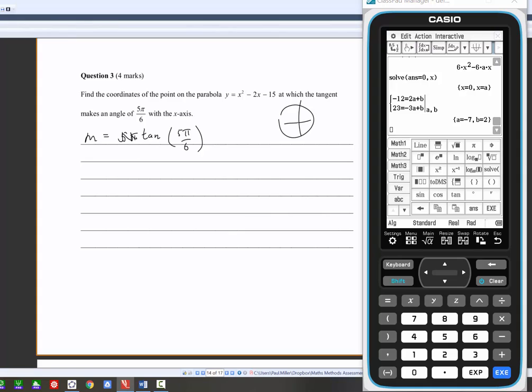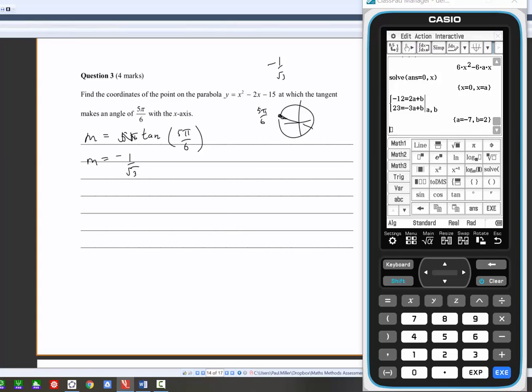So back onto the unit circle, there's 5 pi on 6. Tangent is going to be negative, m equals negative, that is on 6. That is going to be -1 on √3. I'm using those exact values from last year.